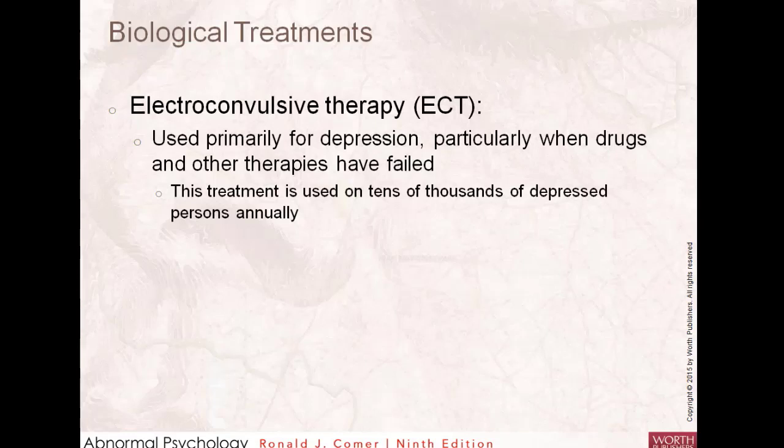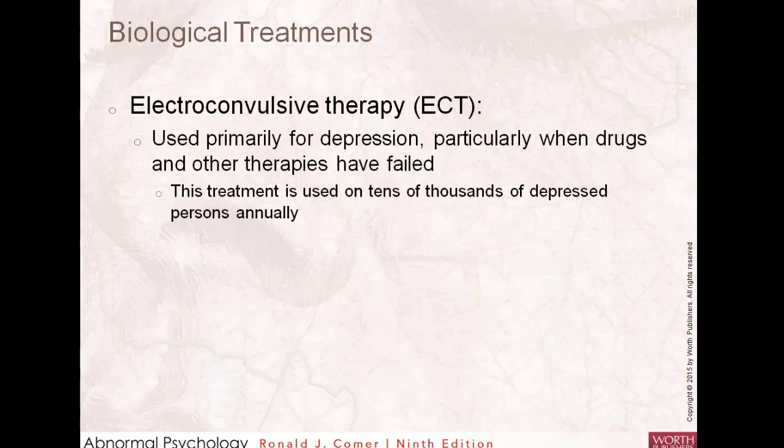Now, this is kind of contrasted with the way that electroconvulsive therapy began, and something that you might see in different movies. I don't know if you guys have seen One Flew Over the Cuckoo's Nest, but I think anyone interested in psychology should see One Flew Over the Cuckoo's Nest. But there has been a history of electroconvulsive therapy being done in less civilized ways.